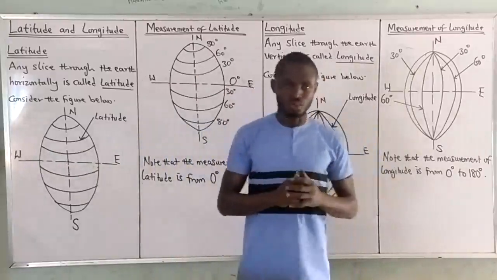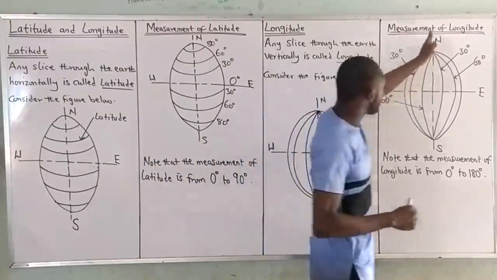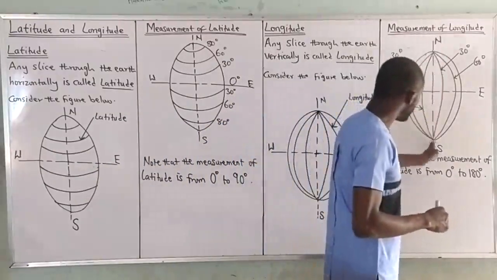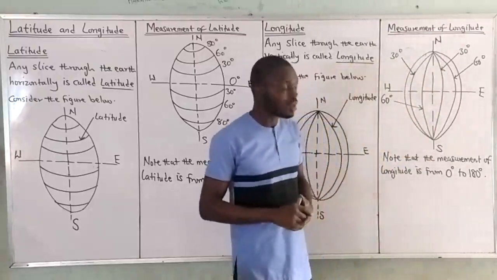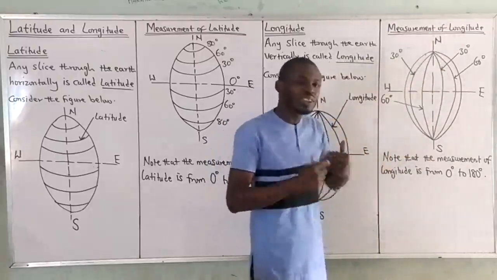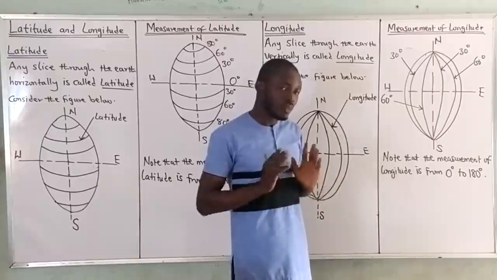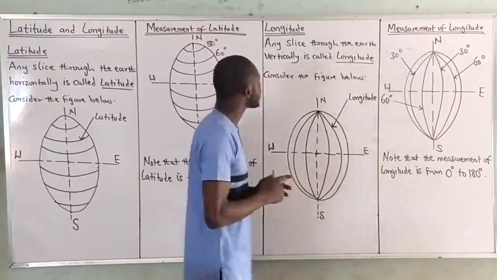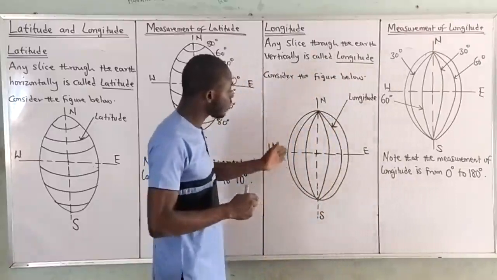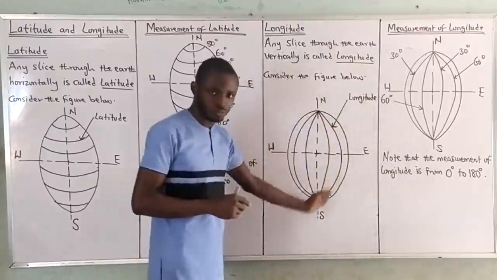But for longitude, this vertical center here is referred to as the Greenwich meridian. Longitude is a slice on the earth's surface in a vertical direction.